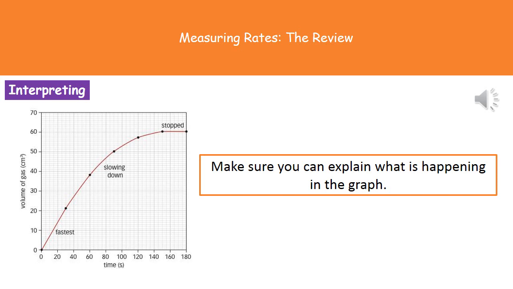And eventually when we come up to about 150 seconds, we can see that we've got that horizontal line which tells us that the reaction has stopped. So reading off, it's taken 150 seconds and we've produced 60 centimetres cubed of gas. So just make sure that you can read those graphs to see what they're actually showing you, because they can ask you to interpret what these graphs show.